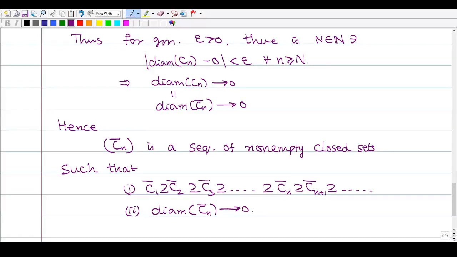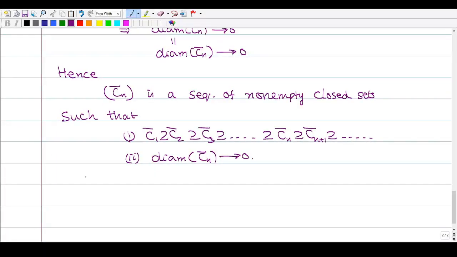Then by assumption, what we get is that the intersection over n equal to 1 to infinity of Cn closure is non-empty.